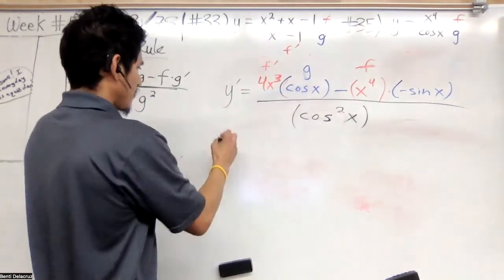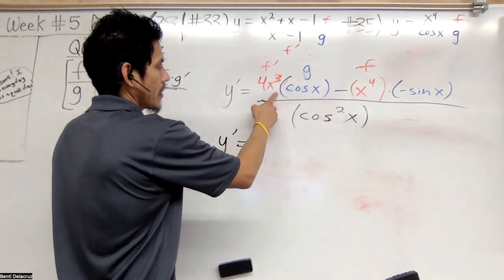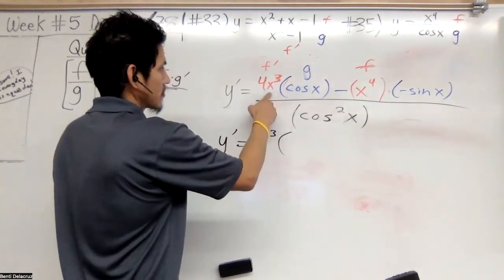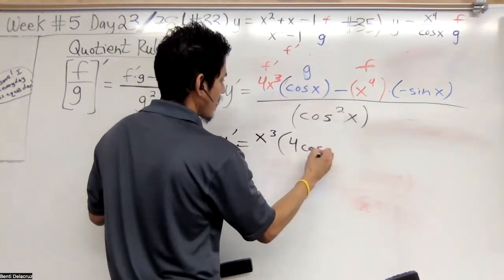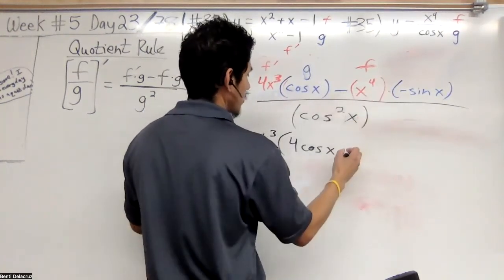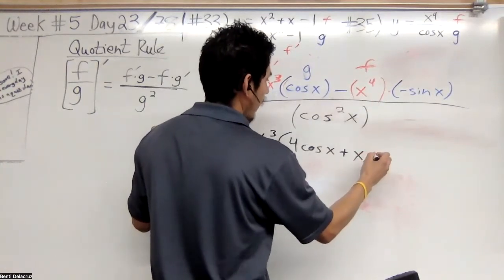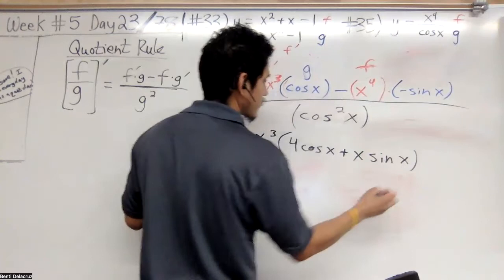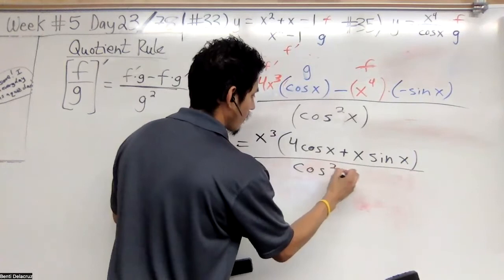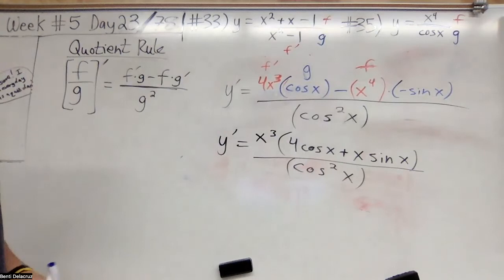There's not much. The top will have y prime 4x cubed, and you can maybe factor out an x cubed from each term. x cubed times 4 cosine of x, minus minus, so plus, x cubed taken out of the x to the fourth, so plus x times the sine of x, all over cosine of x to the second power.